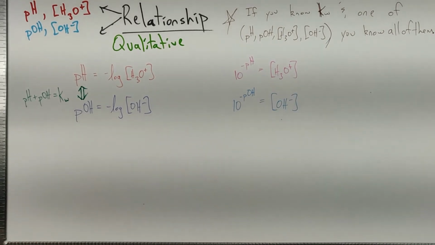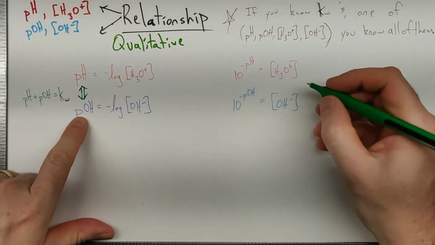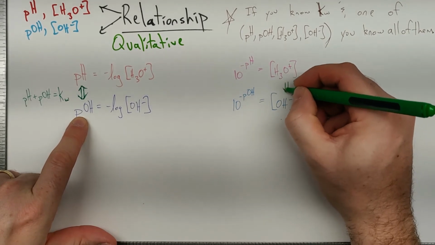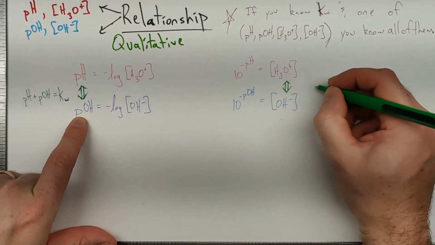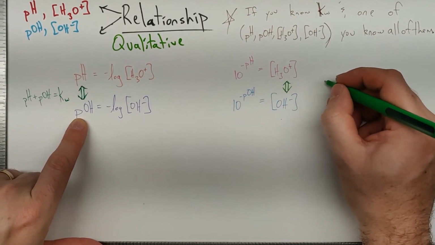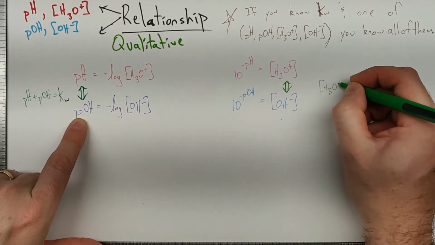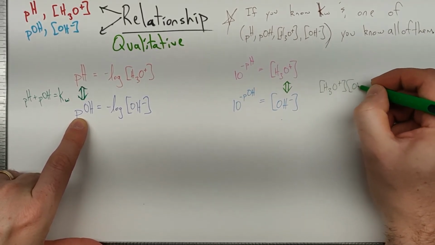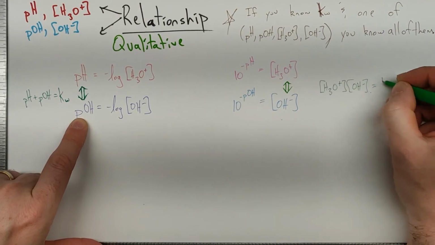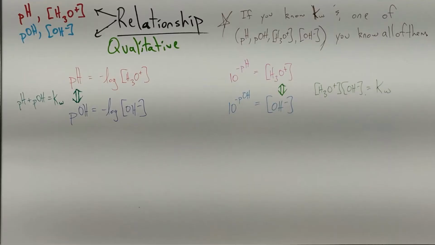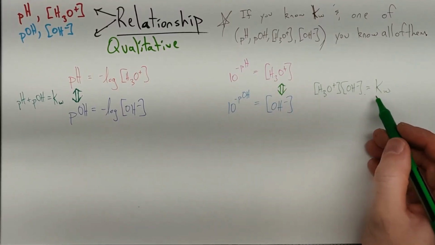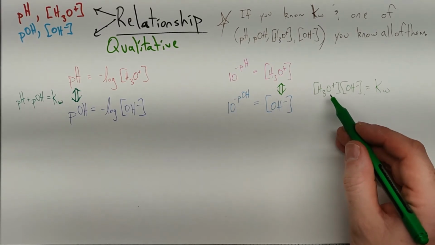And using a similar relationship to this, we can move between those two things as concentration H3O plus times concentration OH minus gives you Kw. So once again, knowing Kw and one of these things will allow you to get the other.